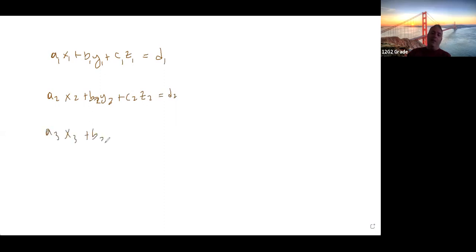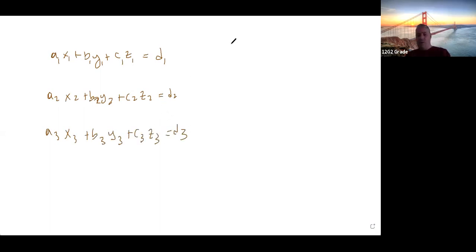If you have ax plus by plus cz equal, let's say, d, or let me say a1 x1, b1 y1, c1 z1, d1, and then a2 x2, b2 y2, plus c2 z2, d2, and a3 x3, b3 y3, c3 z3, d3, okay?